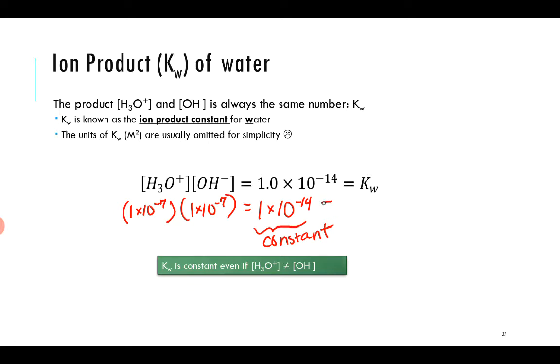But this constant is also known as Kw, or the ion product constant of water. The K stands for ion product constant, and the W afterwards stands for water. Although this is a molarity and that's a molarity, this Kw value has no unit for simplicity by convention.